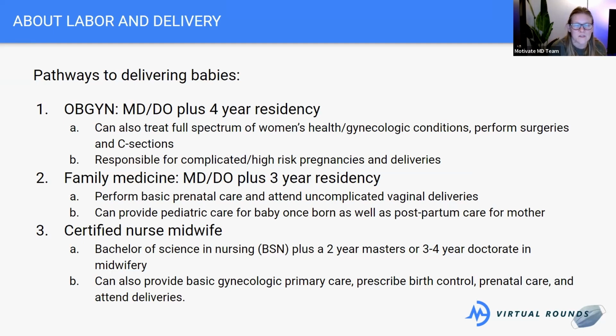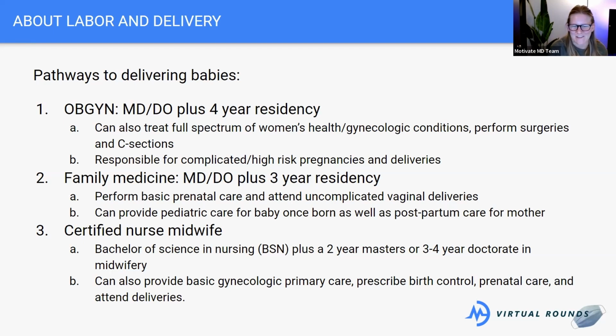A couple other ways that you're able to be a person who delivers babies. Family medicine: people sometimes don't know this, but if you're a family medicine physician, you are trained in and can deliver babies as well as provide prenatal care. For family medicine, it's again either an MD or DO plus a 3-year-long residency. So it's one less year because it's not a surgical residency, but you are also being trained in almost every other part of healthcare.